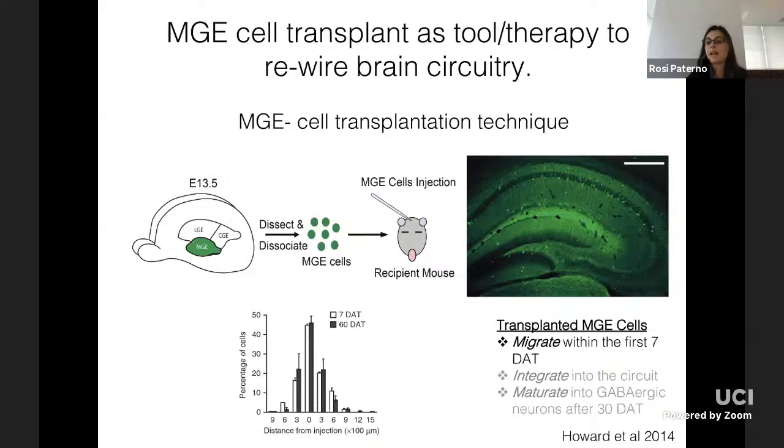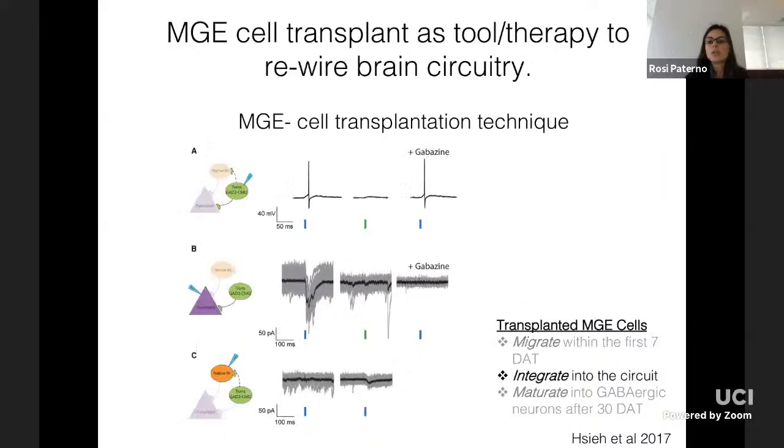Importantly, these transplanted MG cells have the migration property when they are transplanted, but they also have the ability to integrate in the circuit. This is a paper from 2017 from our lab showing transplanted interneurons in the circuit, represented here in green.